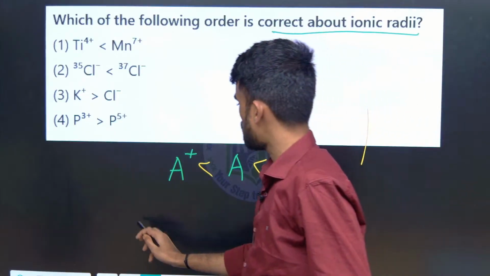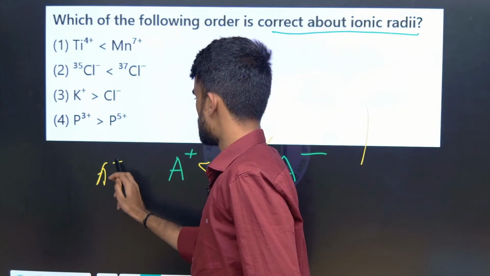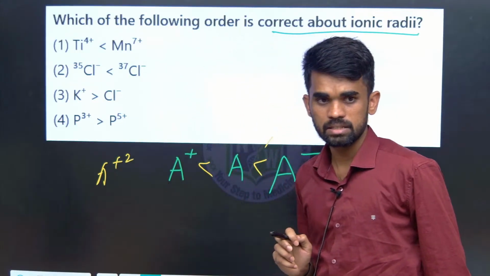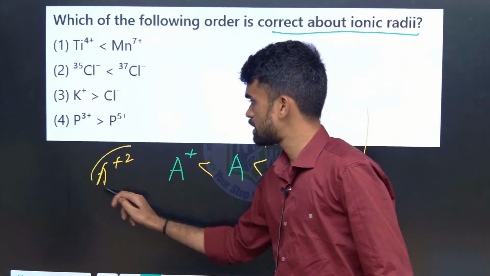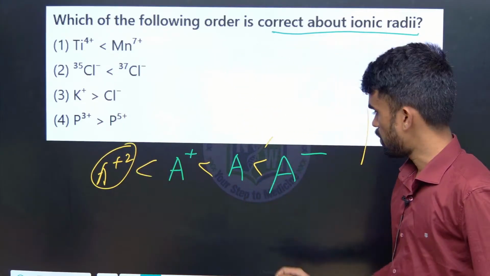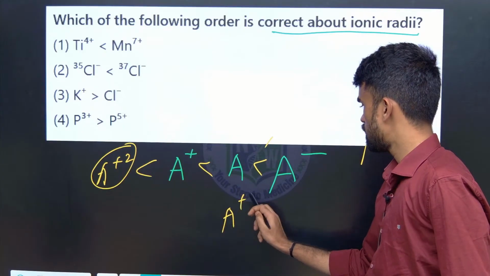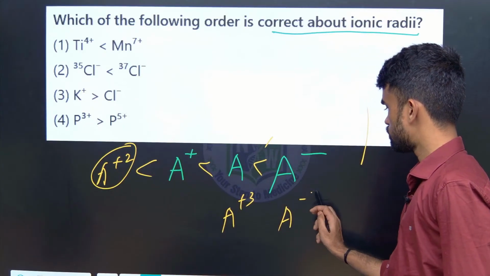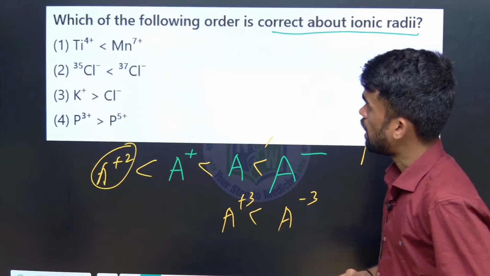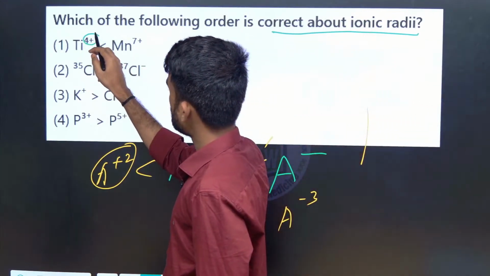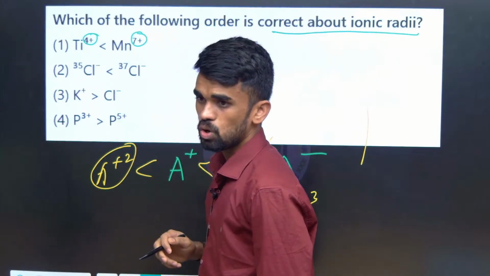Now I am writing A plus 2. Which has more size? A minus only, and the least is, I am writing A plus 3 and A minus 3, large. Is this clear? Here the positive charge is increasing, so how should the order be?